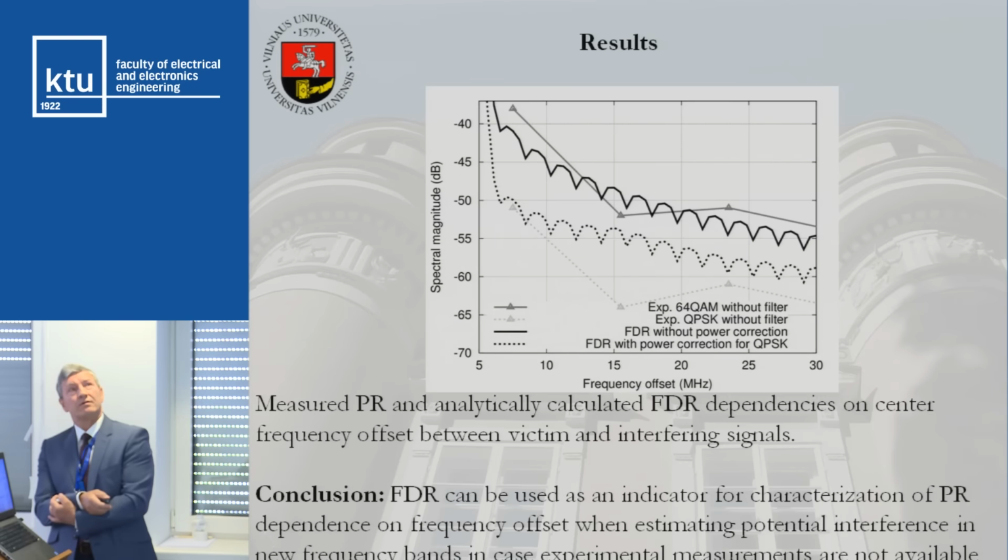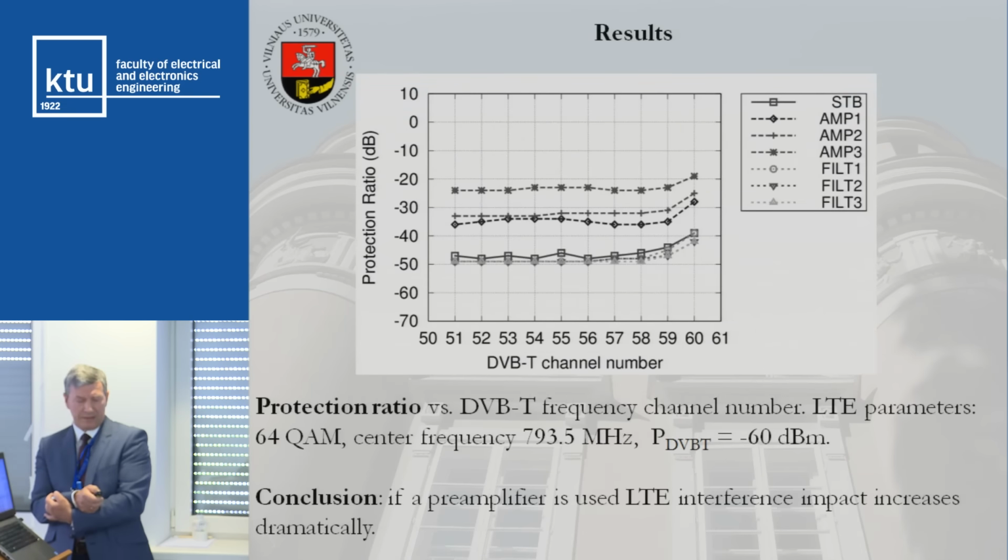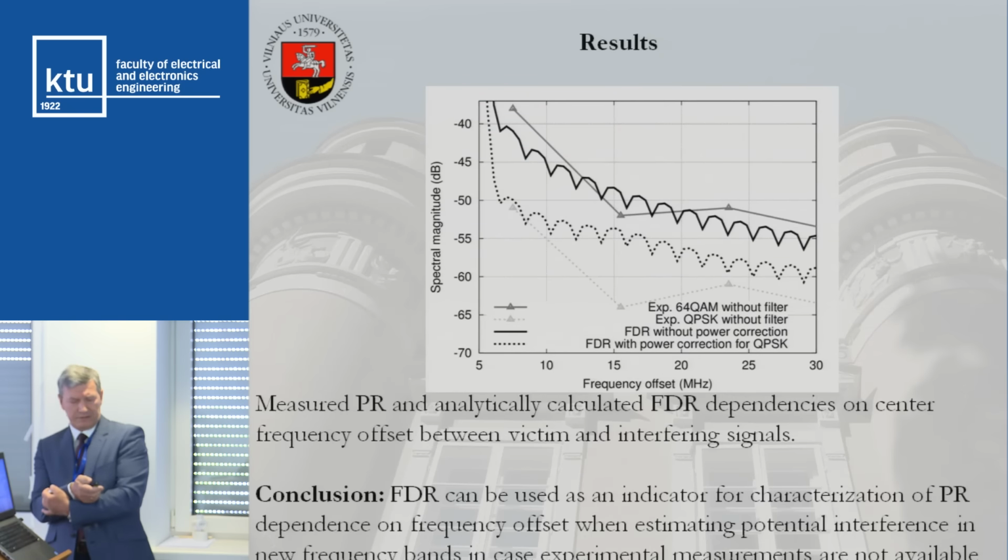Here we see resulting curves which compare protection ratio measured in the experiment and analytically calculated FDR values. These serpentine curves represent FDR values. We see that in both cases the calculated FDR values and measured protection ratio values have very good coincidence.